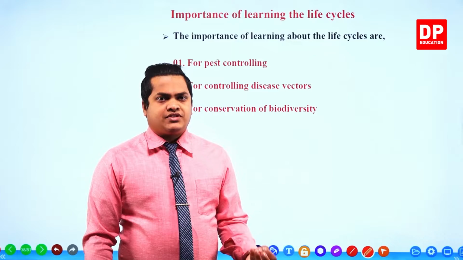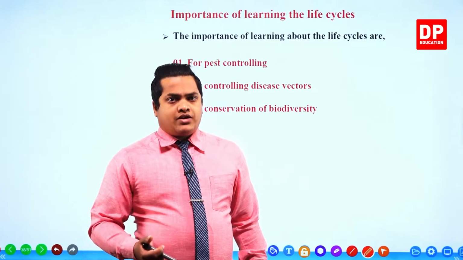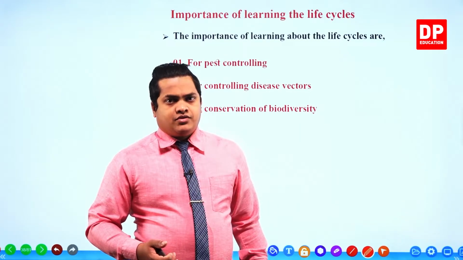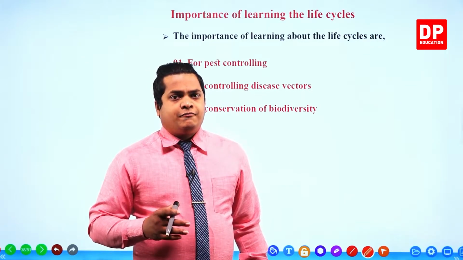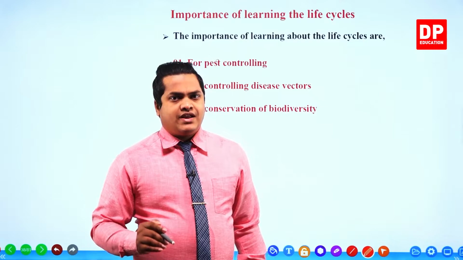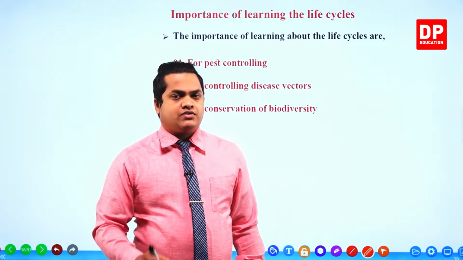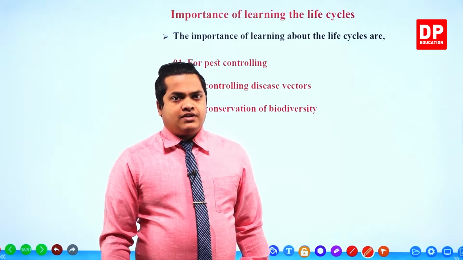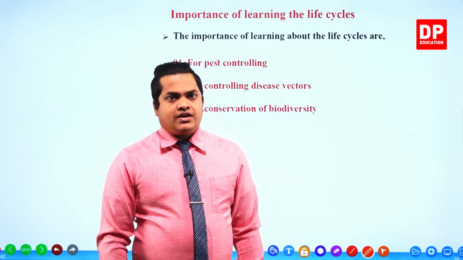If you take fruits, now let's imagine that we have a mango plantation or a papaya plantation. For mango and papaya, there is a pest referred to as the fruit fly. Like in the earlier chapters, we came across the term fruit fly. The fruit fly is an organism which is going to harm those plantations.